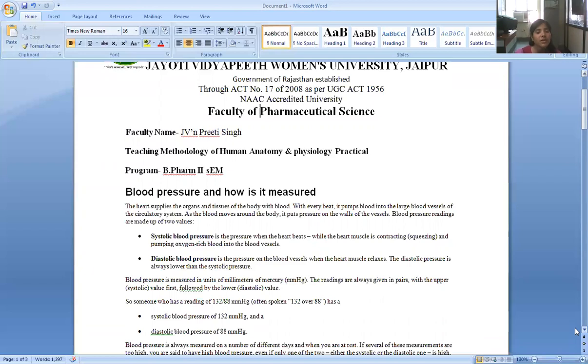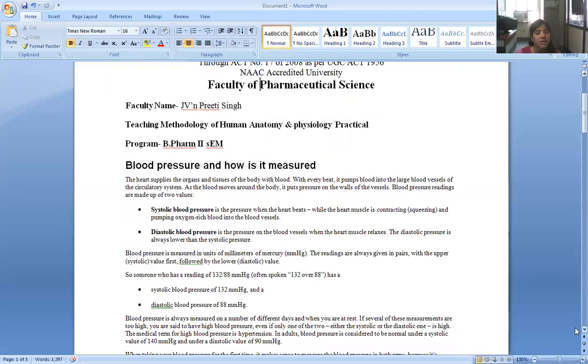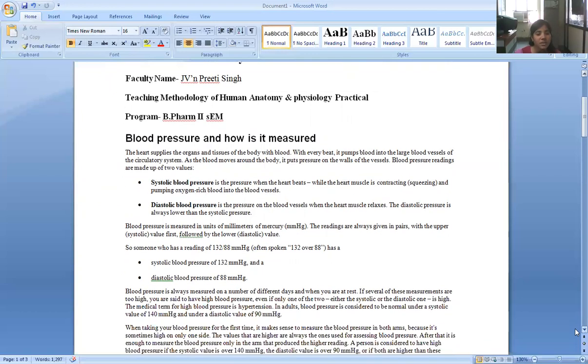So someone who has a reading of 132/88 mmHg, often spoken as 132 over 88, has a systolic blood pressure of 132 mmHg and a diastolic pressure of 88 mmHg. Blood pressure is always measured on a number of different days, and when you are at rest.